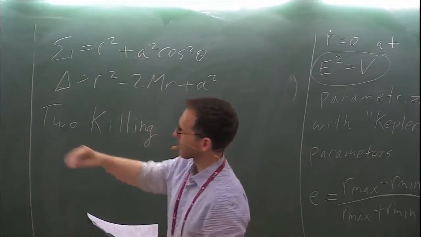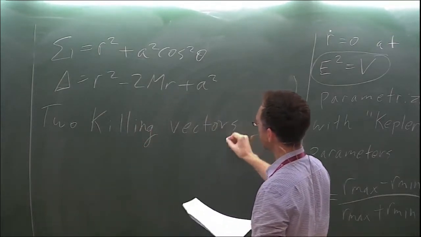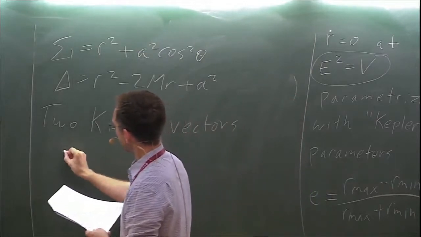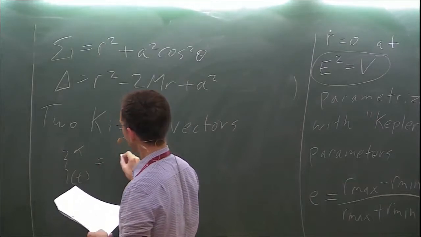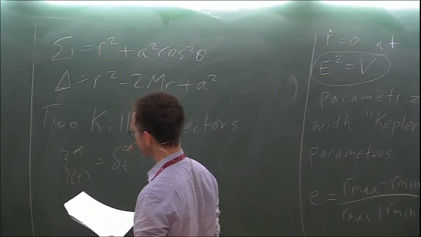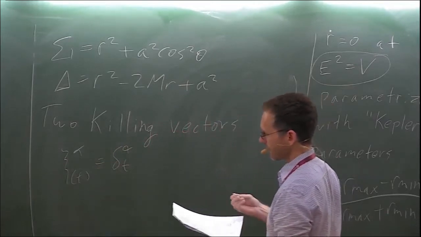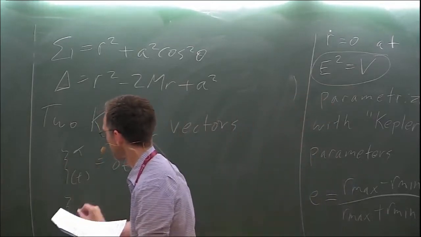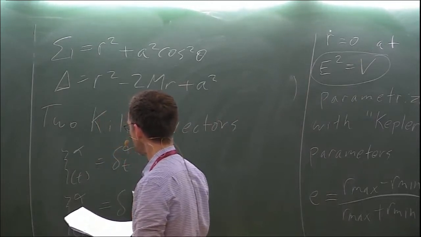You can see that the metric is independent of t, which again, like in the Schwarzschild case, means that we have a timelike Killing vector xi^alpha_(t), which is just delta^alpha_t. And it's also independent of phi. So we have an azimuthal, or axial, Killing vector, xi^alpha_(phi), which is just delta^alpha_phi.